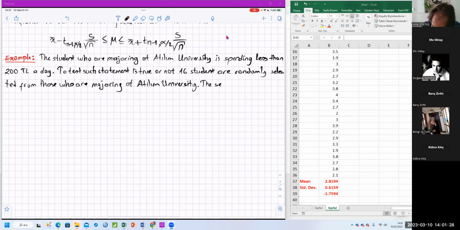The results of spending are given as follows.